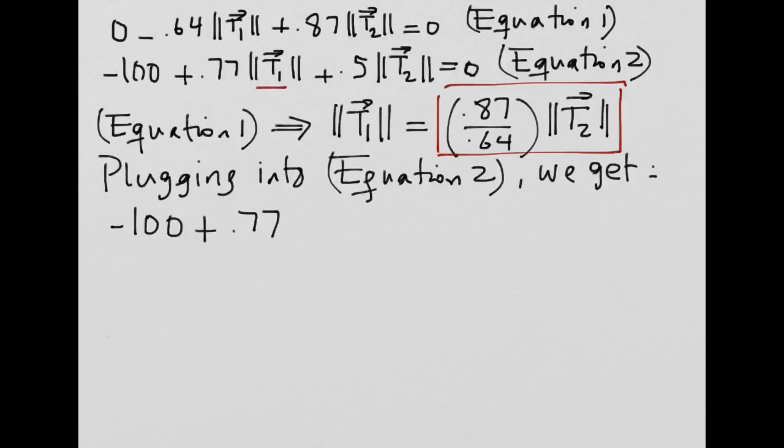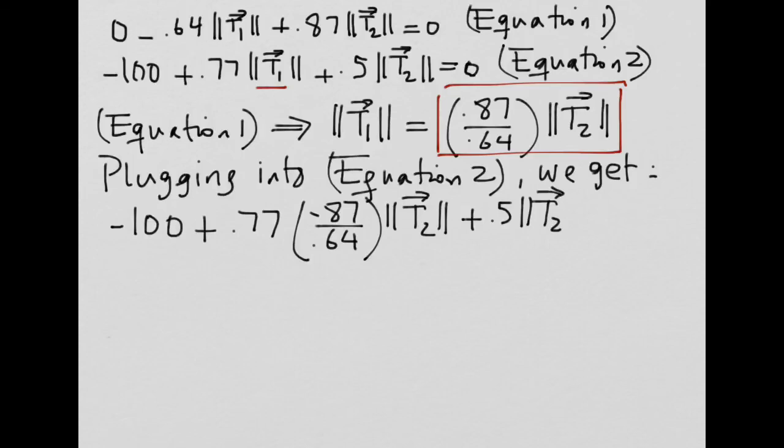That's going to be 0.87 divided by 0.64 times the magnitude of T2, plus 0.5 times the magnitude of T2 equals 0. This is an equation in the magnitude of T2.